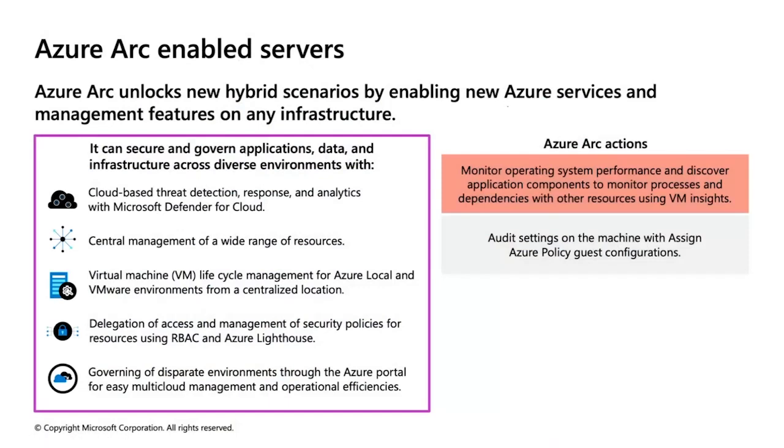So definitely this can help you secure and govern applications, data, and cloud-based threat detection and response. This will give you central management of a wide range of resources. Virtual machine lifecycle management you will get, RBAC, centralized management, governance. These are all Azure Arc benefits.